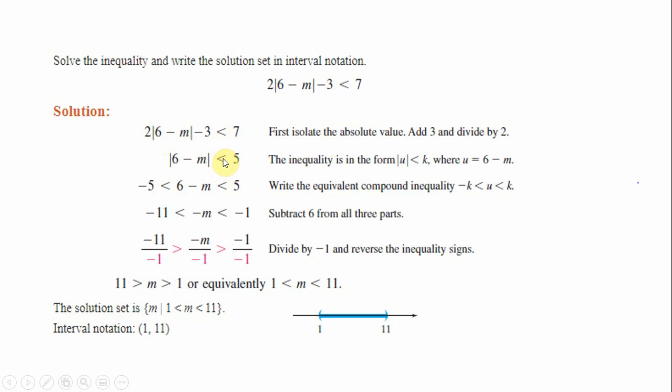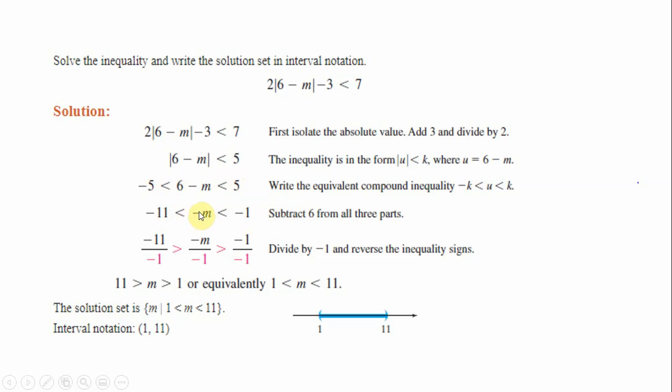Now I've got the absolute value of something, I've got an inequality, in this case less than. So the less than I break out as -5 less than 6 minus m less than 5. And then I just solve for m in the middle, I just squeeze that one. Minus 6 all the way across: minus 11 is less than -m less than -1, because I had the 5 minus 6.